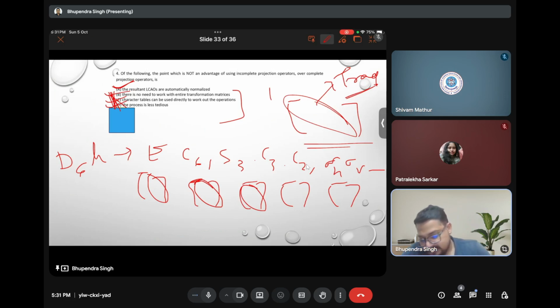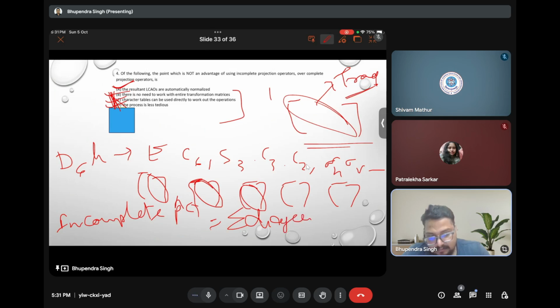Let me explain the incomplete operator. This projection operator is a summation of diagonal elements, equal to trace or character. That is why you can use your character table directly to work out the operation.